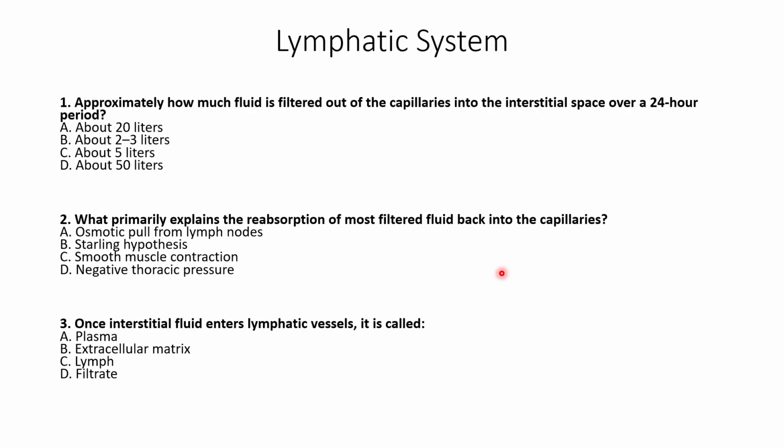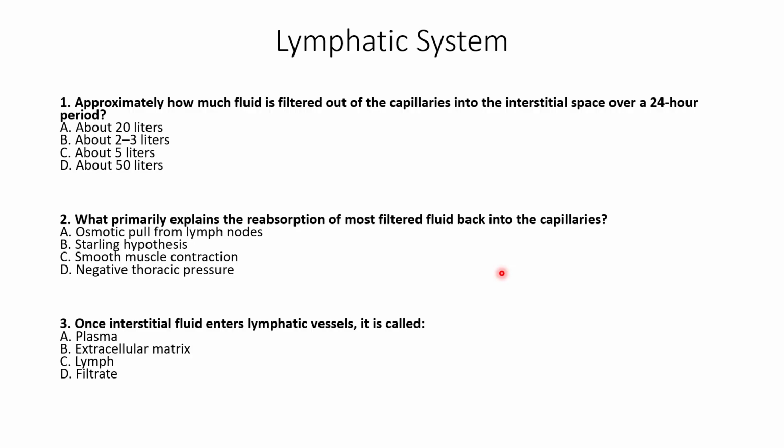So interstitial fluid or tissue fluid is essentially fluid that filters out of the capillaries into the tissue and in between the tissue cells, and then that unidirectionally enters into blind lymph vessels, into the lymphatic vessels. So once it has entered into the lymphatic vessels, it is called lymph or lymph fluid.